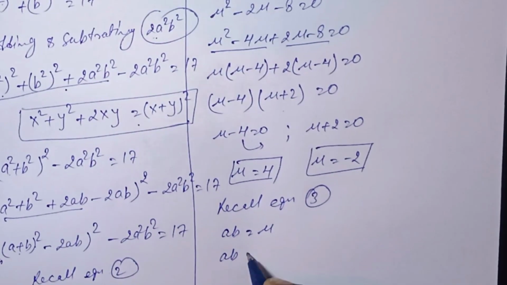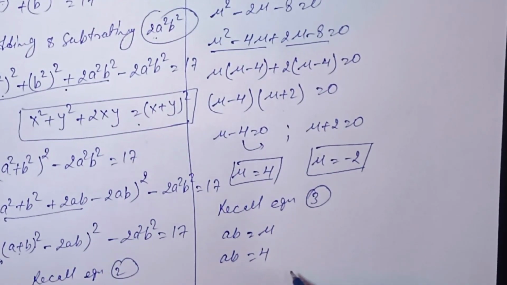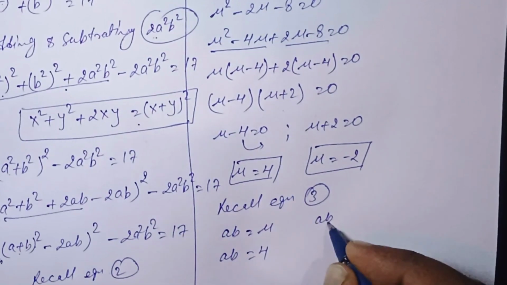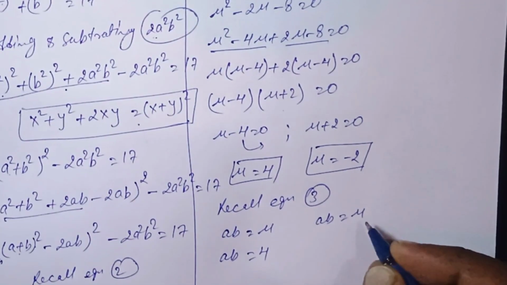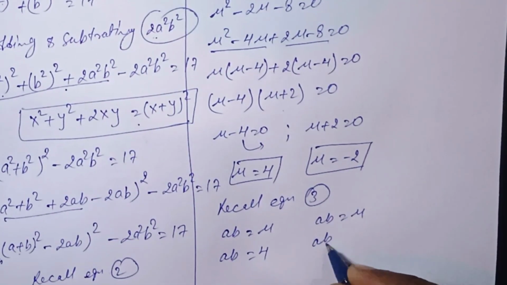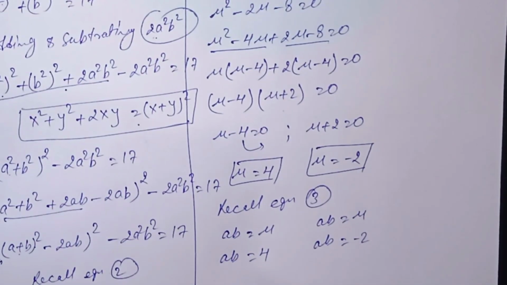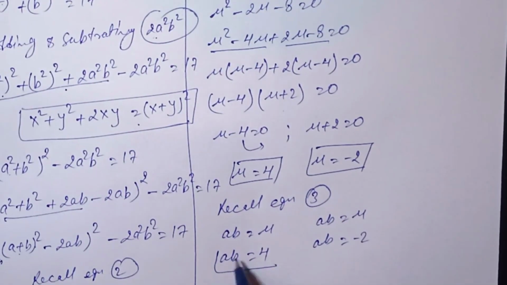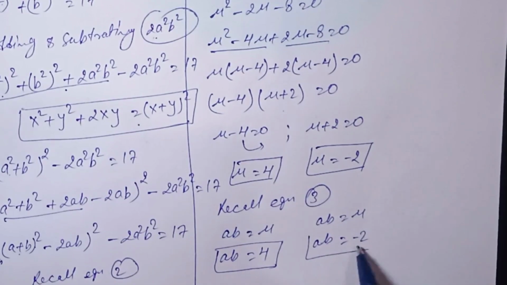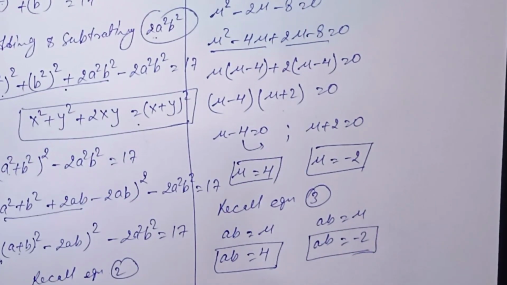Therefore, ab is equal to the u value, how much? 4. Here ab is equal to u, therefore ab is equal to minus 2. After next step, see here: ab is equal to 4. Here ab is equal to minus 2.